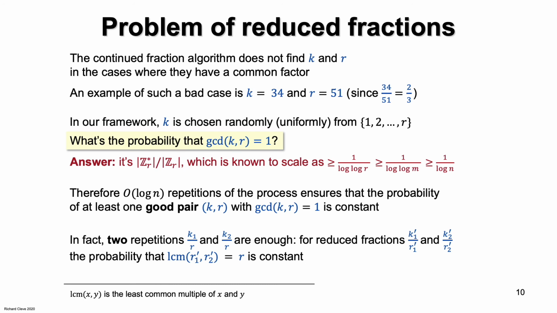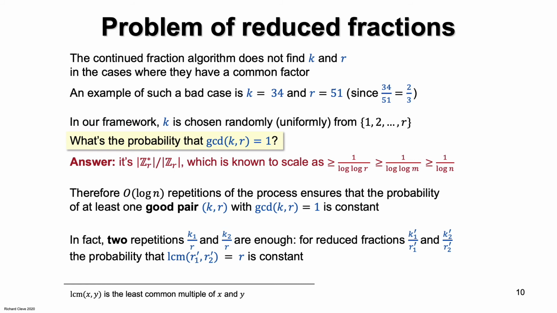If we make 2 repetitions, then there are 2 rational numbers, k1 over r and k2 over r. Call the reduced fractions that we get from the continued fractions algorithm k1 prime over r1 prime and k2 prime over r2 prime.